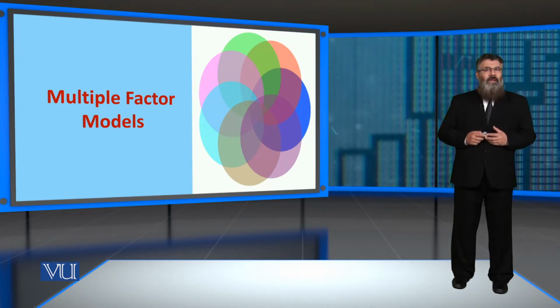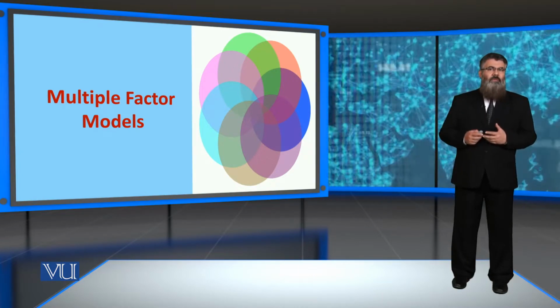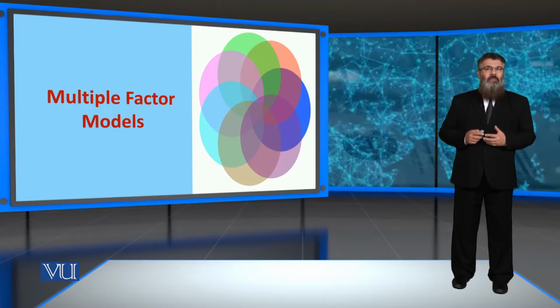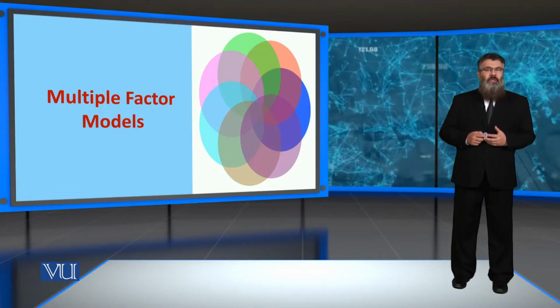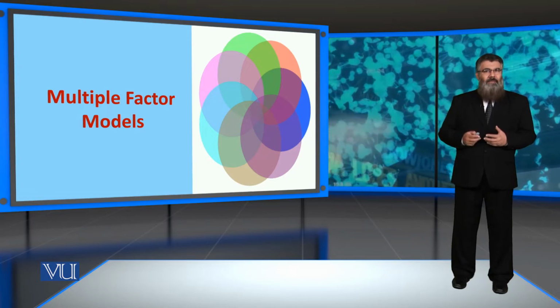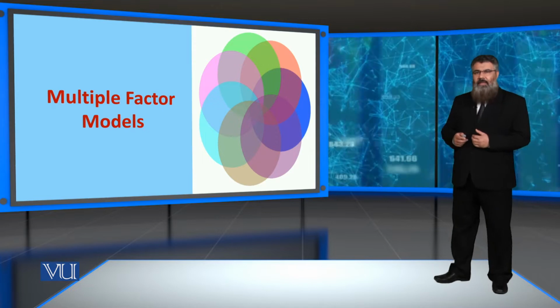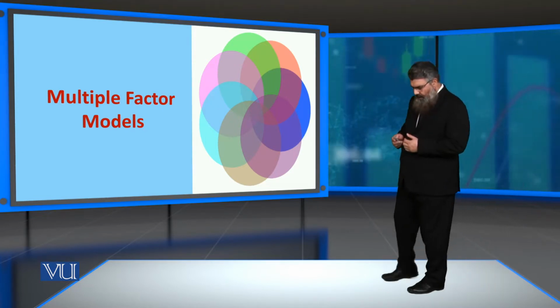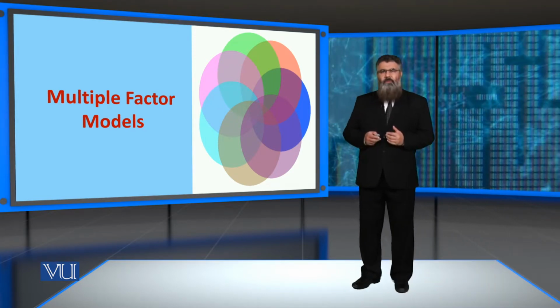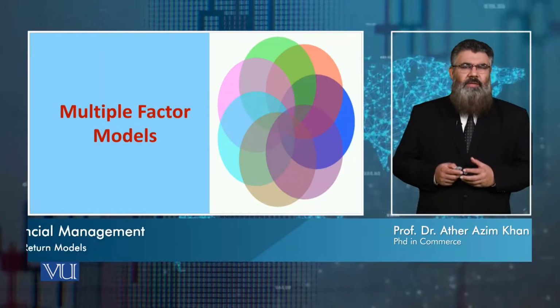But then we continued with our discussion on CAPM and we took it forward to the three-factor model of Fama and French, where we introduced the size and value factors, and ultimately we added the fourth factor, and that fourth factor was Carhart's four-factor model, where momentum was also considered.